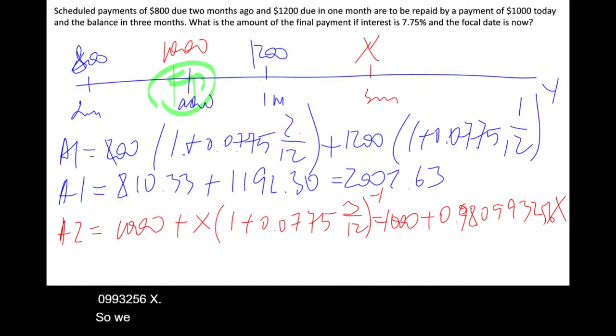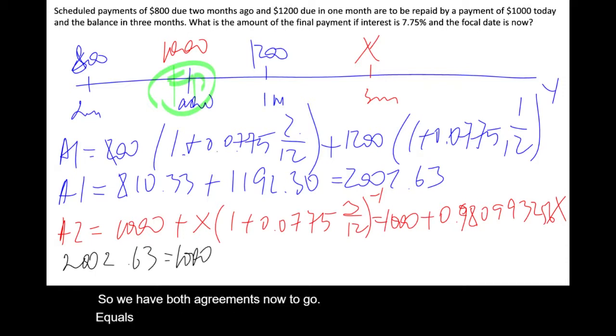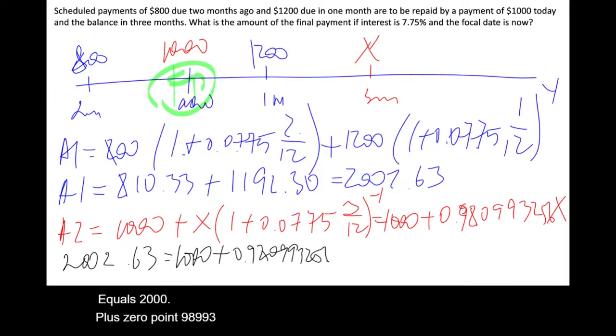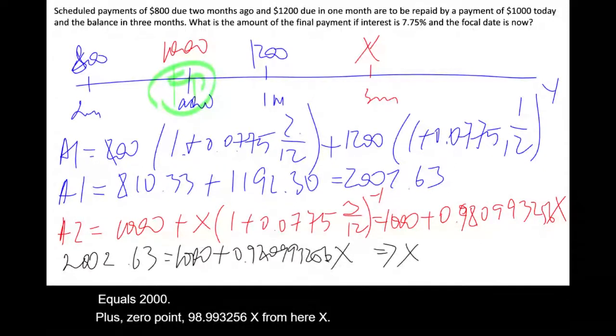So we have both agreements. Now 200263 equals 2000 plus 0.98099326x. From here, x, let me calculate.